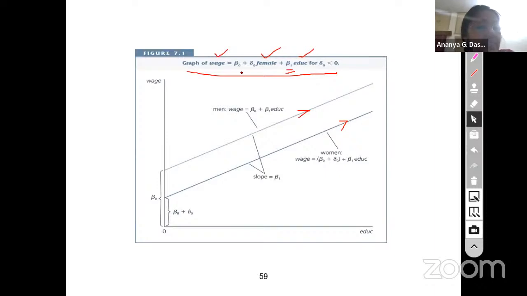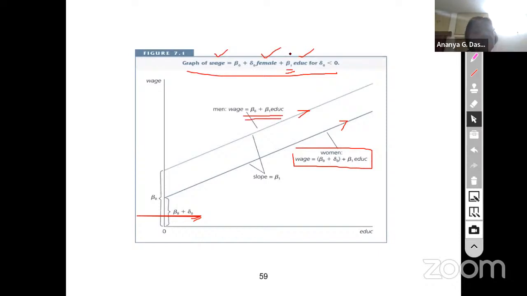So the intercept is beta naught plus delta naught for females. Okay, so this is the intercept for women, and this is the intercept for men. So you see in this case, delta naught is negative, which is why the line is below it. But basically, beta naught plus beta 1 education is the line for men.